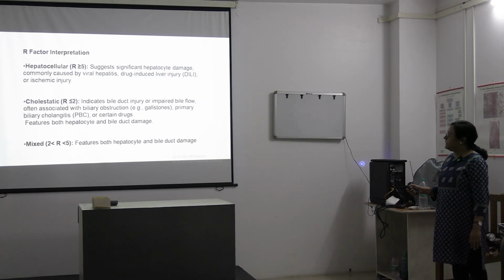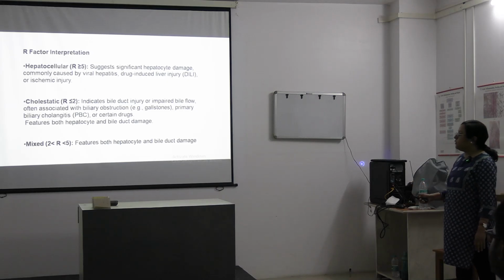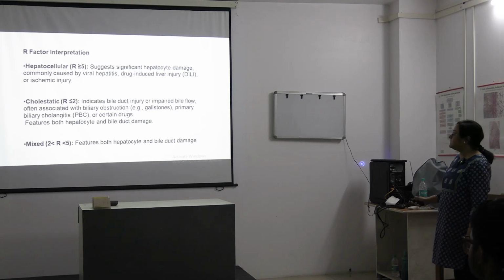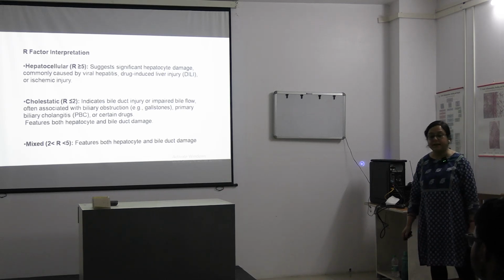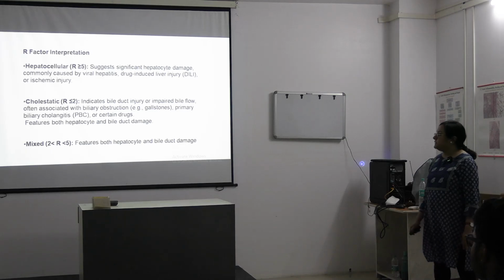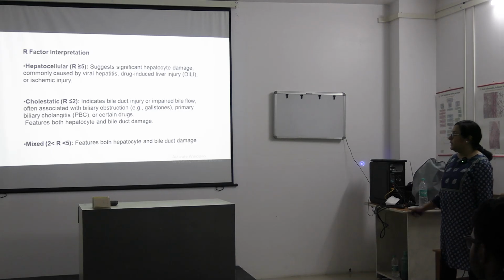So R factor interpretation. For hepatocellular causes, when the R is more than or equal to 5, it suggests significant hepatocyte damage, commonly in viral hepatitis, drug induced liver injury or ischemic injury.